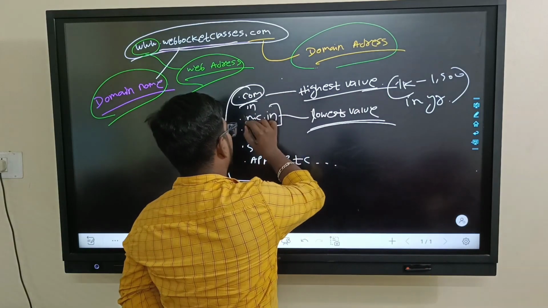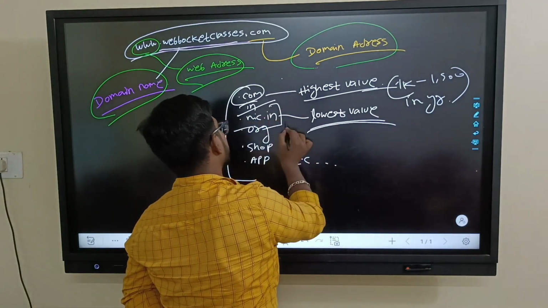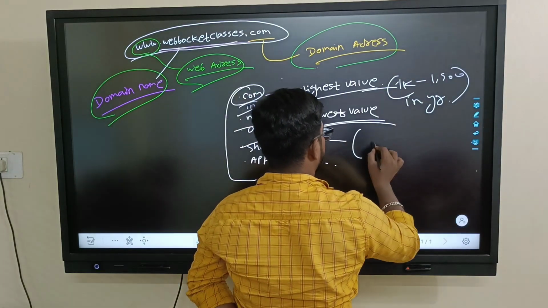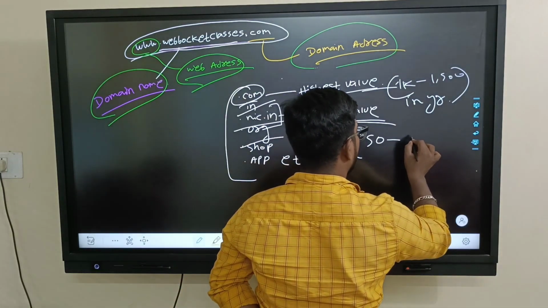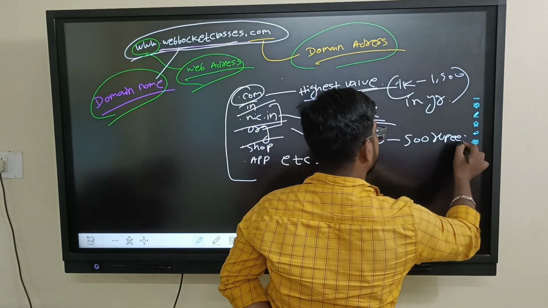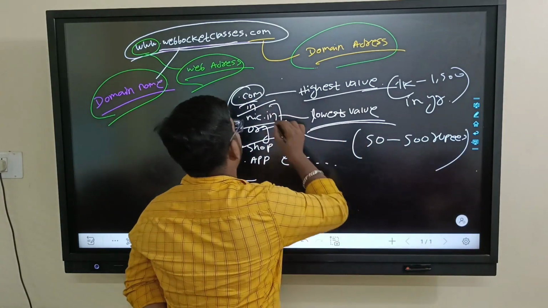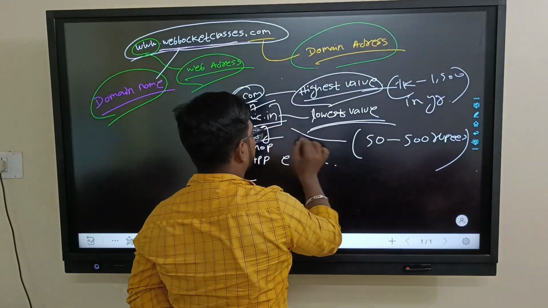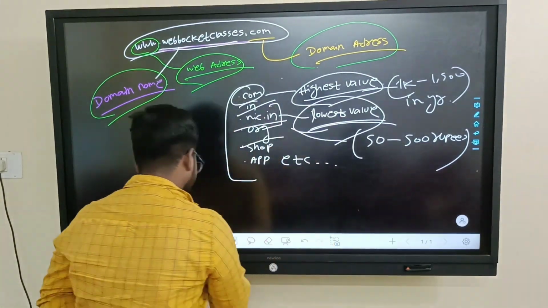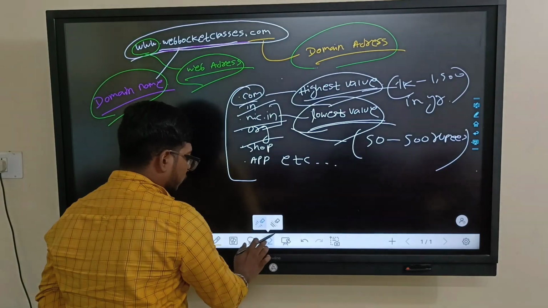But in .nic.in and .org, this value ranges from 50 to 500 rupees. So that's why .com is the highest value, .in is the lowest value. Clear? Fine.